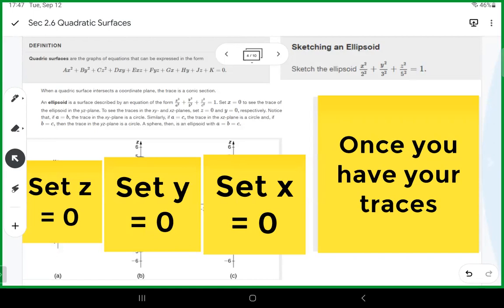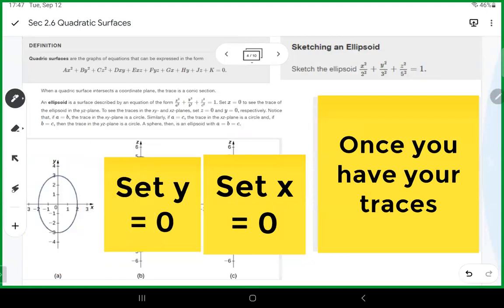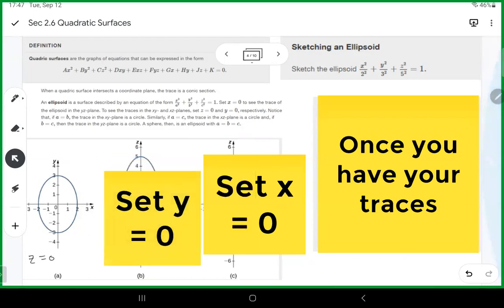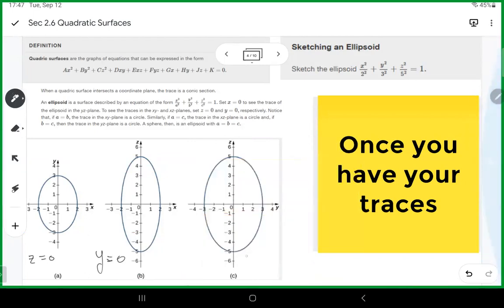A sphere then is an ellipsoid where a, b, and c are all equal. Okay. So I'm going to show you these. I would recommend writing down the first one, where we're setting z equal to 0. I'm going to get rid of that so you can see it. And then we have y equal to 0, and x equal to 0.